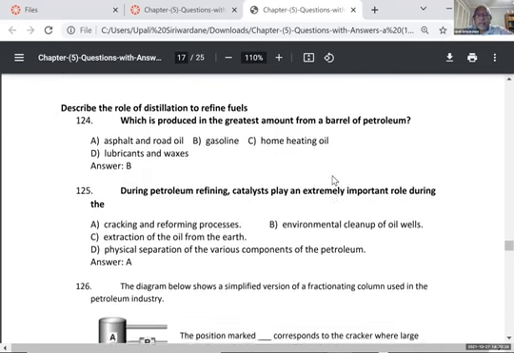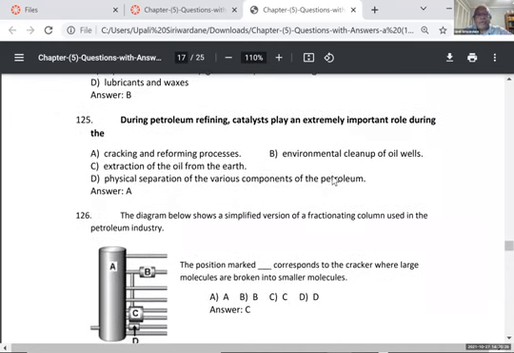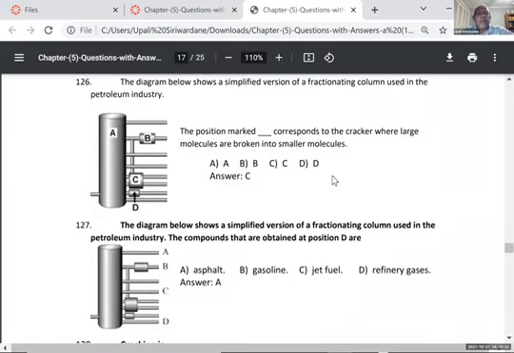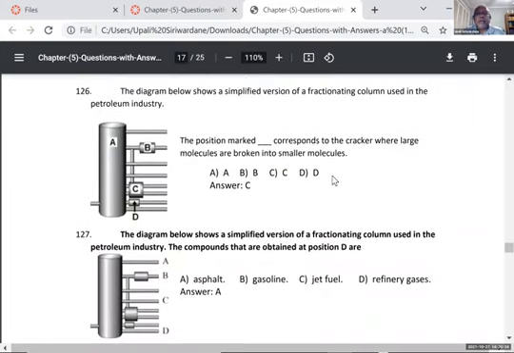During petroleum refining, we use catalysts for cracking and reforming. We talked about that. The diagram below is a distillation column used in the petroleum industry. Which position corresponds to the cracker, where large molecules are broken? C is the cracker.